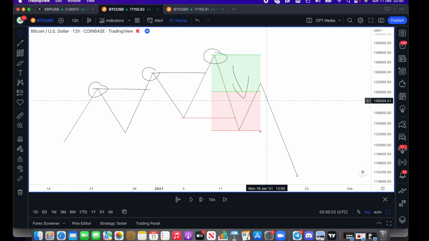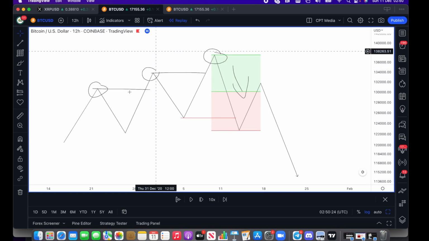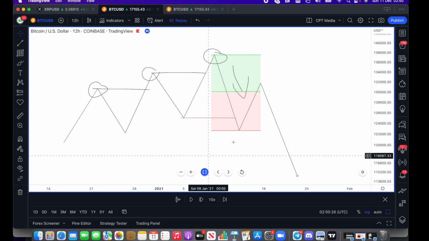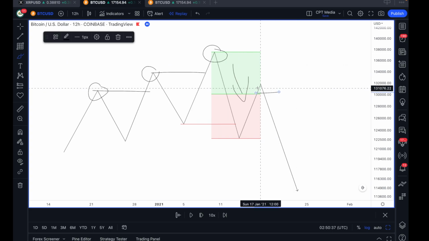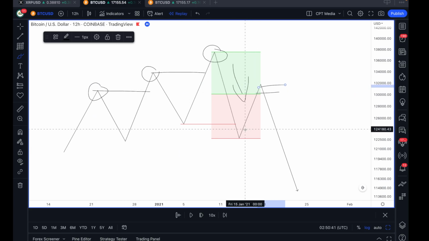Retracement. Now price will usually always pull back when you see this drive take place, this pattern take place, okay? And it will usually always come back to the 50% level, because the 50% level is the most optimal zone to sell. Okay, so if you're waiting for a pullback, you want to wait for the 50% level minimum.